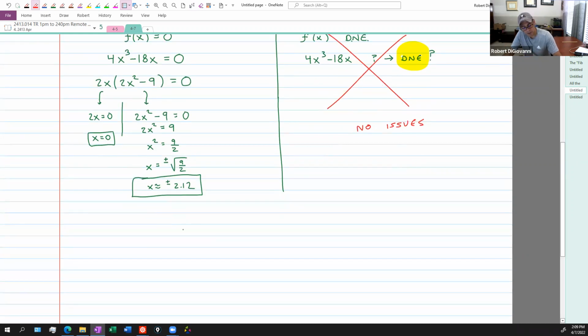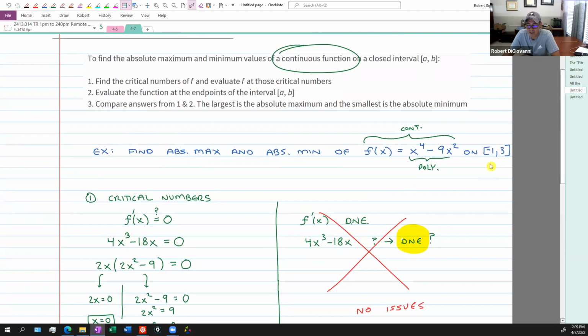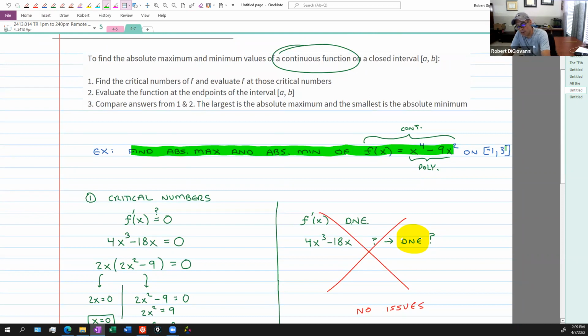I have three critical numbers. Here's what they are. X is, I'm just going to list them out: 0, negative 2.12, and 2.12. I'm going to throw away this one. Why? Somebody tell me why I just threw that one away. Not in the domain. I said, let's find the absolute max and min of this function on -1 to 3.